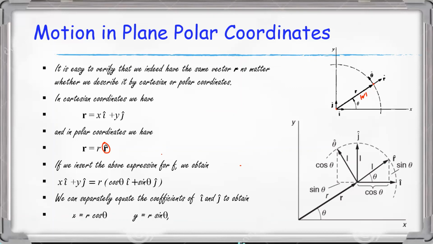Then r square is equal to x square plus y square, so r must be equal to the root of x square plus y square.